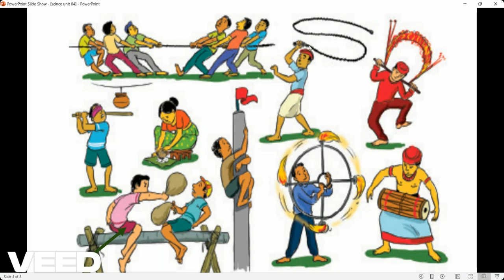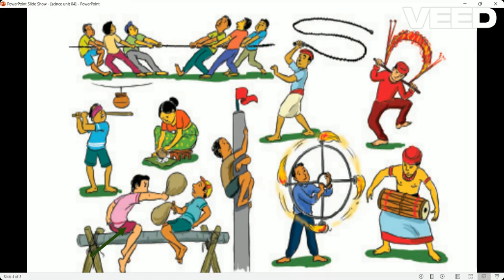Next, there is a picture that a little boy is hitting a pot. So we can call that breaking clay pots blindfolded. Next, there is a woman doing something sitting. It is scraping coconut. And next, under that woman, two boys are fighting with pillows. So you can say pillow fight.